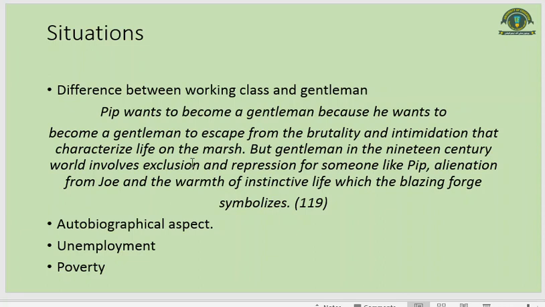But what he finds is Bernard's Inn in the city area of London. But being a gentleman in the 19th century world involves expulsion and repression for someone like Pip, alienation from Joe, and the warmth of instinctive life which the blazing forge symbolizes.